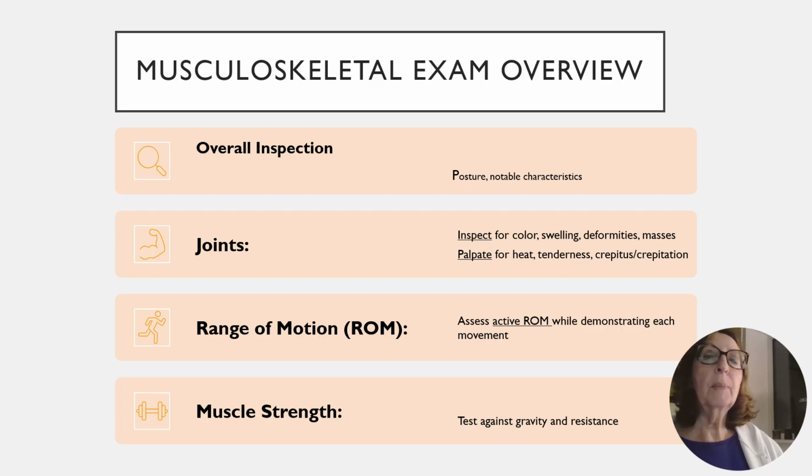Now, there is also something called passive range of motion, and this is when the patient doesn't do their motions by themselves. Whoever's coming in and examining the patient, they're the ones that are making the patient go through those muscles. A lot of times it's going to be your physical therapy people. And then when they were talking about muscle strength, we're going to be testing muscle strength against gravity and resistance.